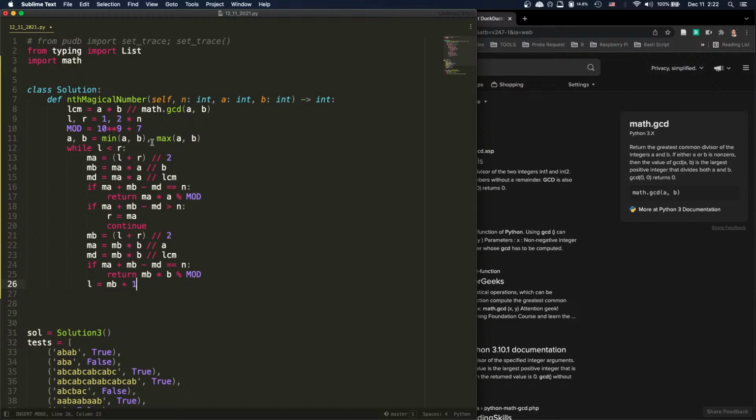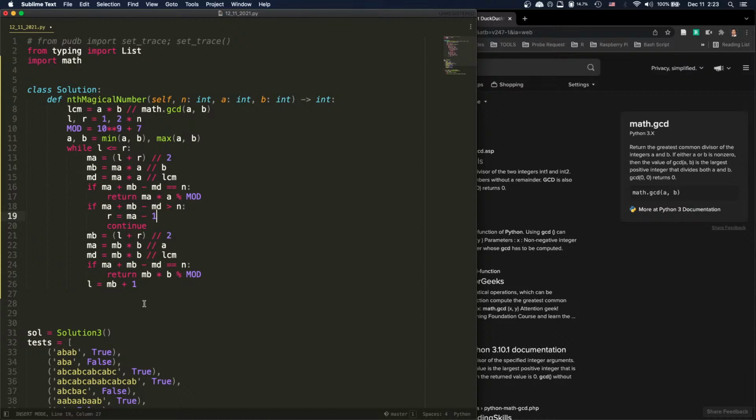Unless, well, L will be equal to. So what if we just do equal to? If we do equal to, then both change, right? If both change, then I think we can guarantee that these conditions will hit.